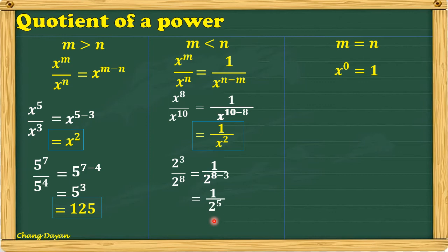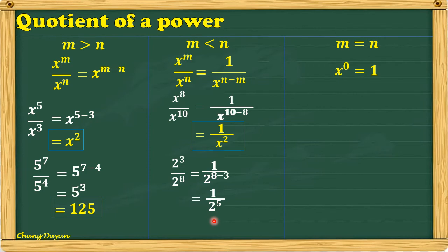Now, let us simplify this one. 8 minus 3 is equal to 5. It's not yet the final answer. So, we need to find out 2 raised to 5. It's not 2 times 5. Ha? Ito po ay 2 times 2, 4, times 2, 8, times 2, 16, times 2 will have 32.